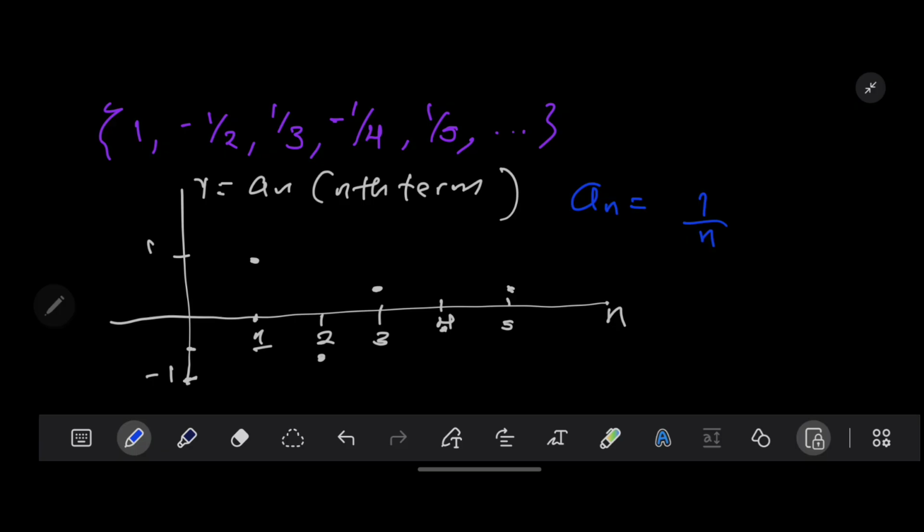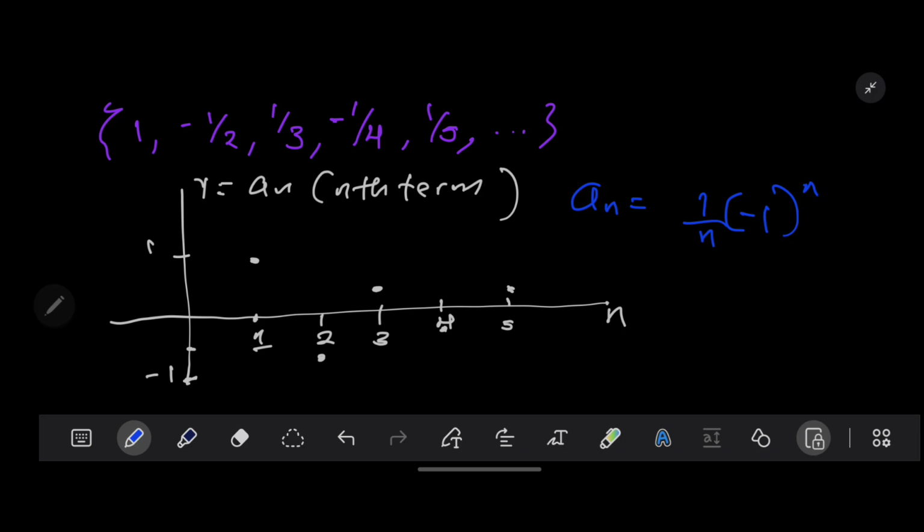Which always means that we should multiply by minus 1. Well, minus 1 raised to the power of what? The first term is positive. If it's minus 1 raised to the power of n, the first term is going to be negative, because minus 1 raised to the power of 1 is minus 1.